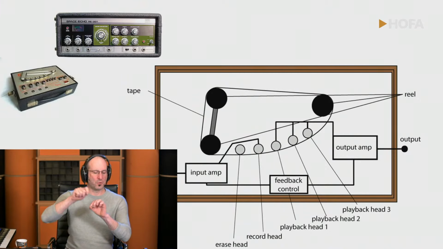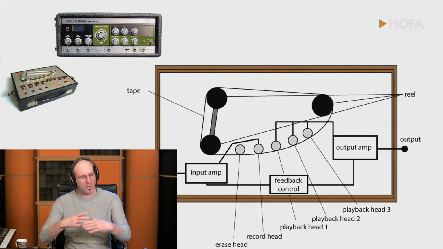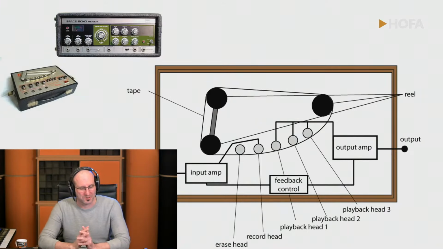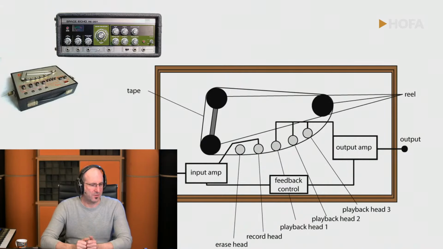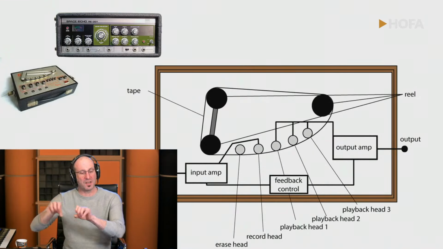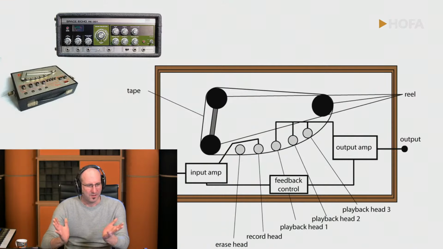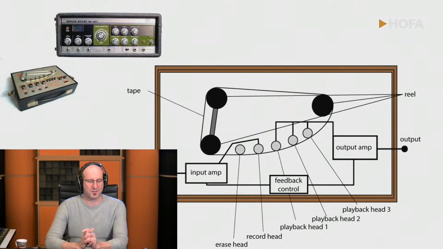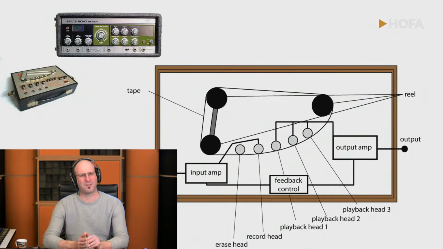The position of the playback heads and the tape speed at which it's running defines the delay times, and you can use it completely differently than a normal digital delay.